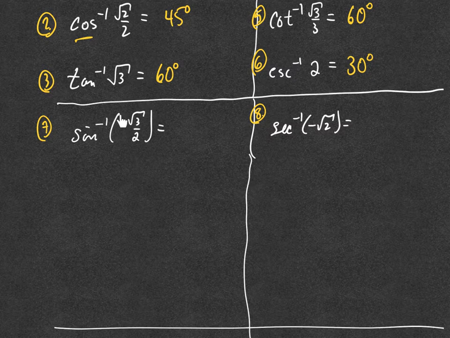But unfortunately, now I've got to move the little hand thing out of the way. There actually is a negative there. So how do we account for the negative? Well, what we need to remember is in what quadrants the sine is positive and in what quadrants the sine is negative.